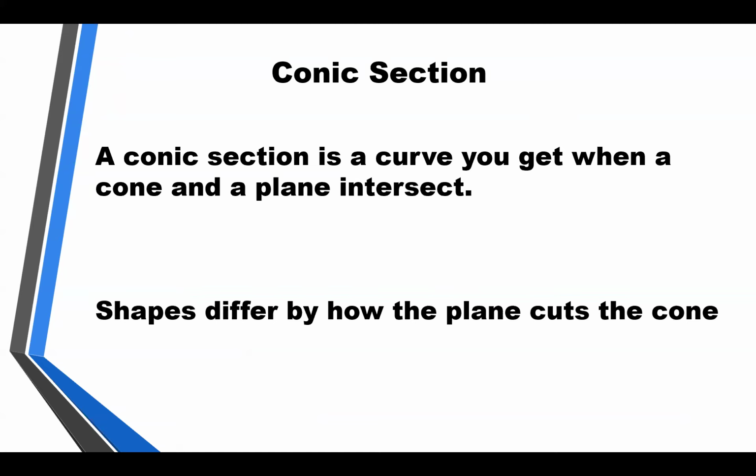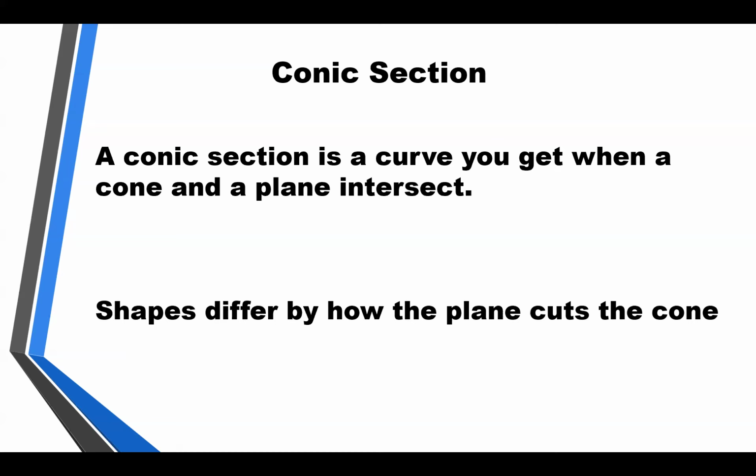A conic section is the type of curve you get when a cone and plane intersect in three-dimensional space. And the intersection of the cone and the plane, that object in the plane is going to be called a conic section.